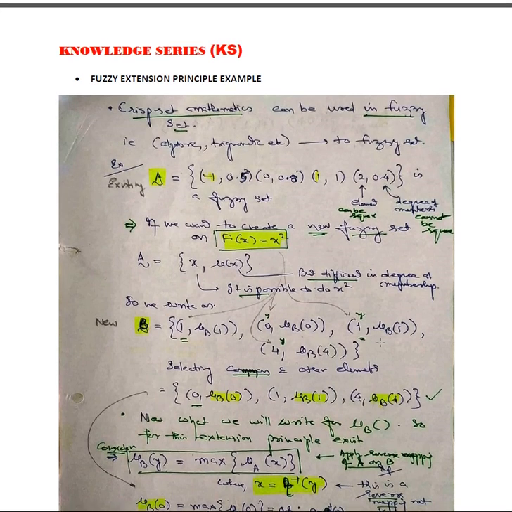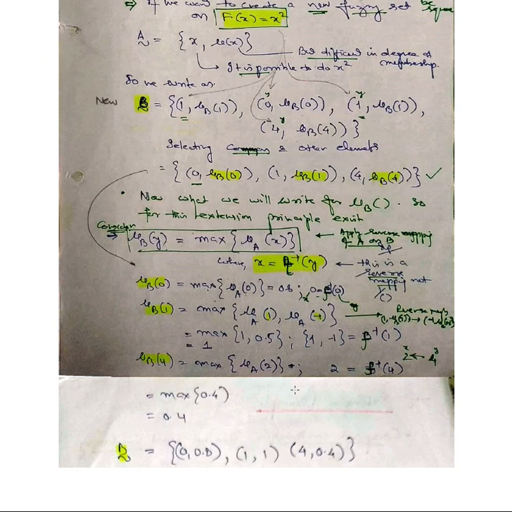If you see, this 2 became 4, so that is equal to 0.4. So set B is 0 with 0.8, then 1 with 1, then 4 with 0.4.